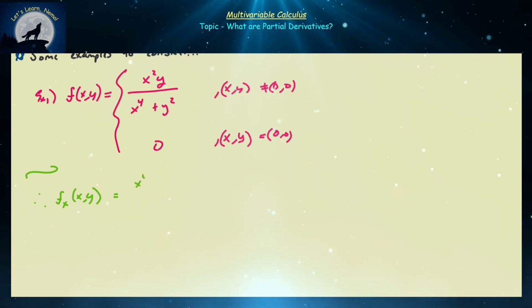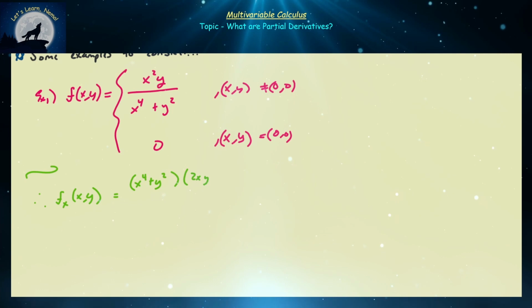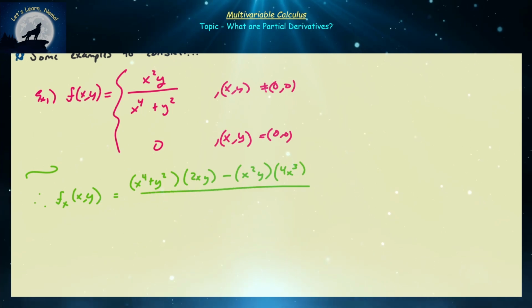Via the quotient rule, I'm going to have the bottom times the derivative of the top minus the top times the derivative of the bottom all over the bottom squared. So it's going to be x to the power of 4 plus y squared, squared. So that gives us that particular object.